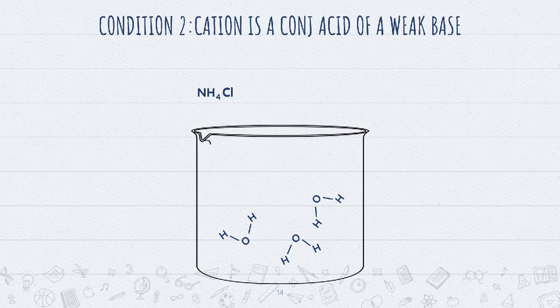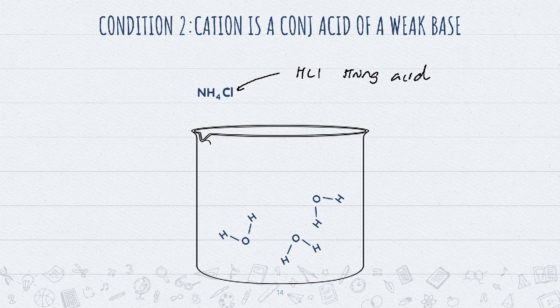Despite saying that the cation is the main character now, let's get the anion over and done with first, because the anion here is our very dear chloride ion once again, and we know that chloride is the conjugate base of hydrochloric acid, which once again is a strong acid. Hopefully by now you are familiar with the strong acid, weak conjugate base, and weak acid, strong conjugate base relationship.